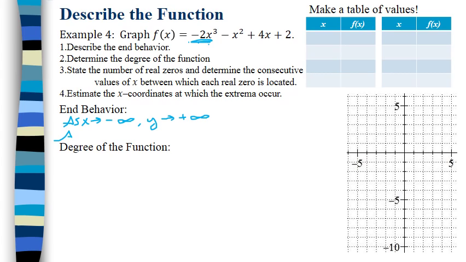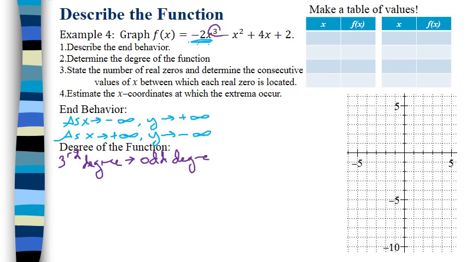As x approaches positive infinity, a positive number cubed is positive, and then we're going to multiply it by -2, and so that's going to cause y to approach negative infinity. The degree of the function, it is a third degree polynomial, which means that it's an odd degree, which supports the fact that our y values go off in opposite directions.